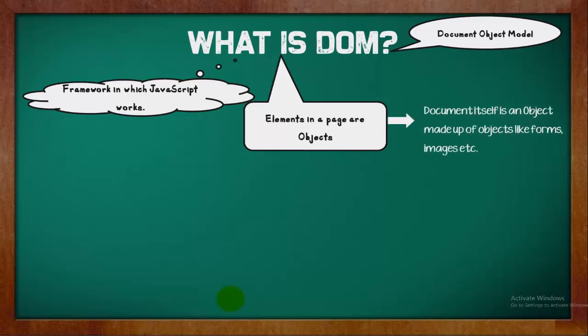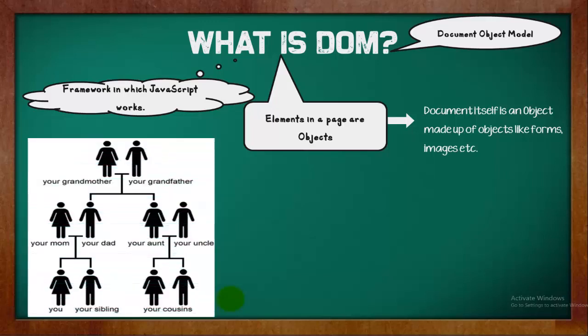A document itself is an object made up of objects like forms, images, anything. Any element in your form is considered an object. Now I'll show you one small example. Now just see this image. Here you can see that there is a family hierarchy, where our family starts from grandmother, grandfather, next comes mom, dad, and at last us, you and your siblings, your cousins, everyone. So it is showing a hierarchy.